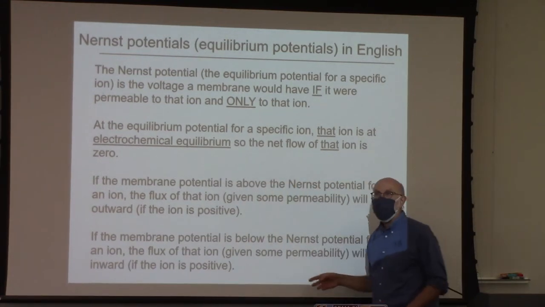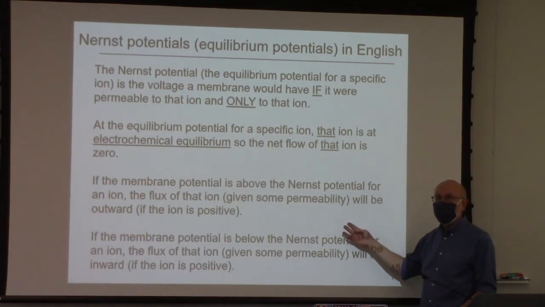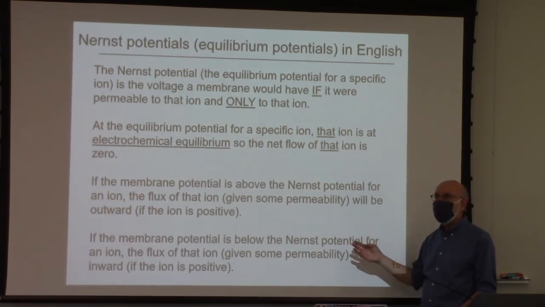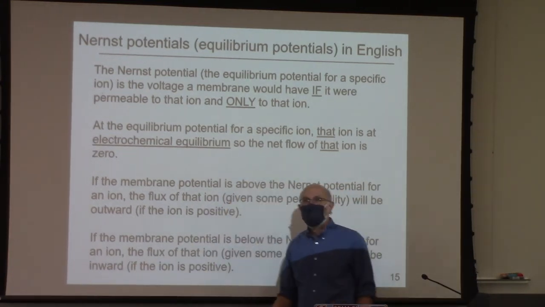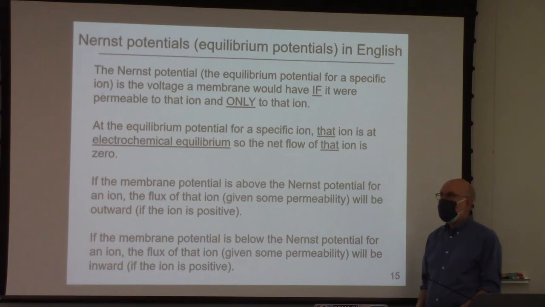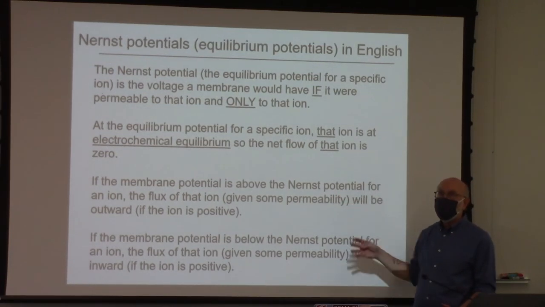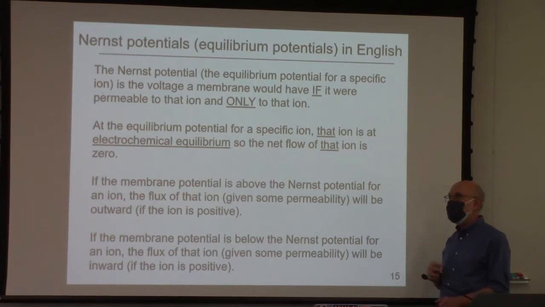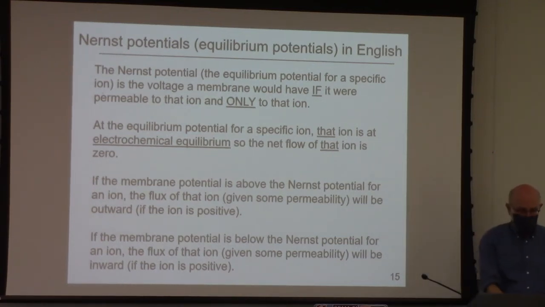And if the membrane potential is more negative than the Nernst potential, than the equilibrium potential for that ion, that will allow inward flow of the ion. And this is assuming the ion is positively charged. If the ion is negatively charged, things flip, and you might have to figure that out in the problem set. So I want you to think about these things when you're solving the problem.